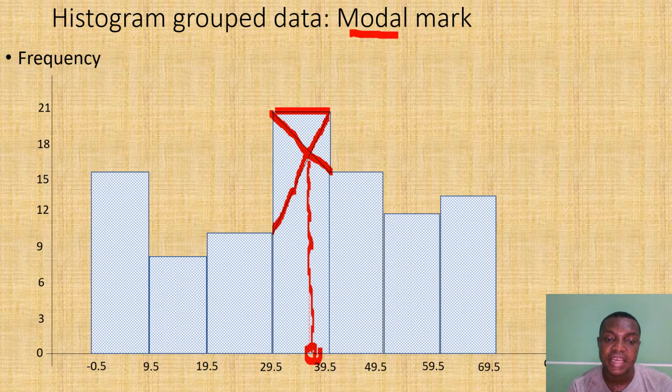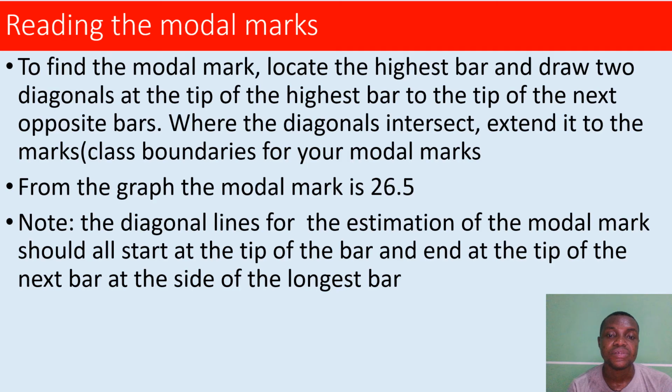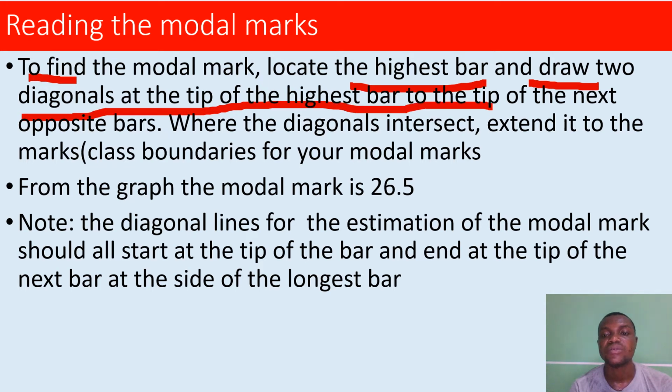So from here, our answer will be around maybe 40, 38 or something. So let's check. To find the modal mark, locate the highest bar and draw two diagonals at the tip of the highest bar and to the next opposite bars.